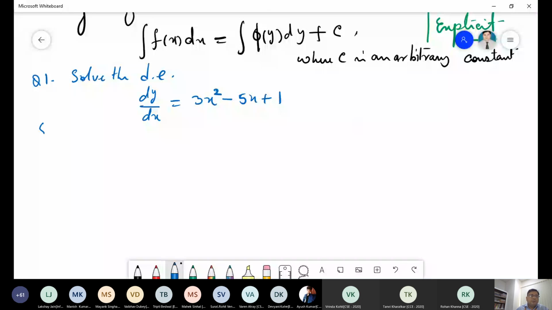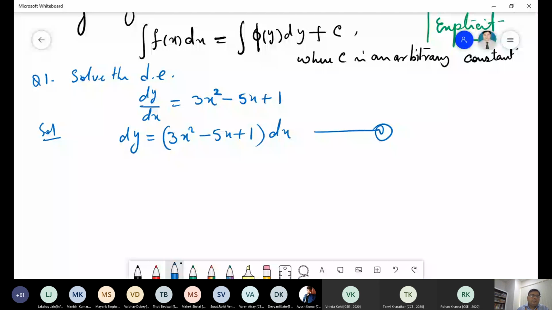By using the variable separable method, just separating the equation, we can write dy equal to 3x squared minus 5x plus 1 into dx, because on the right side only functions of x and a constant appear. This is equation number 1.